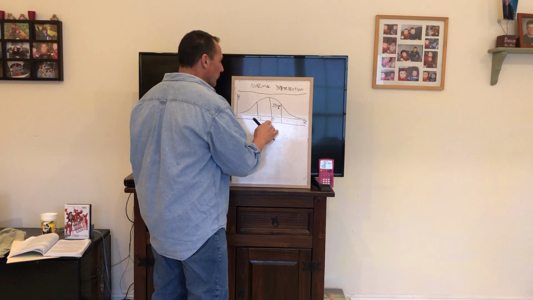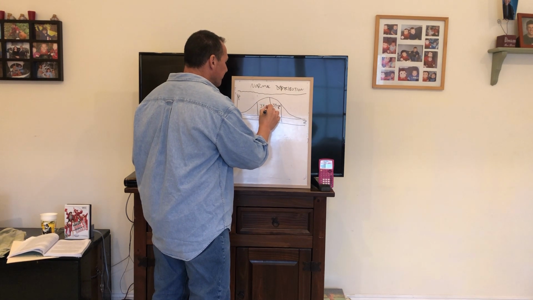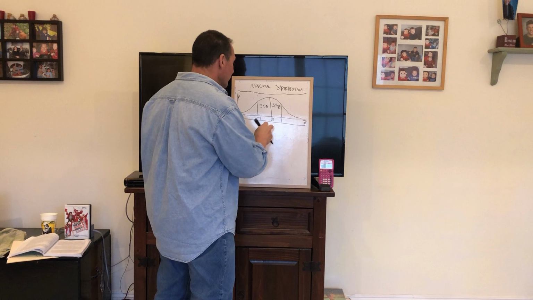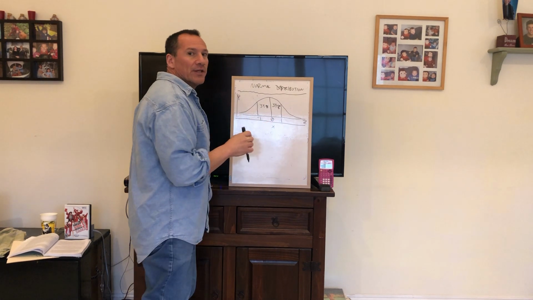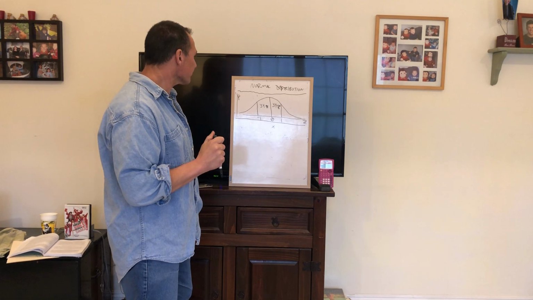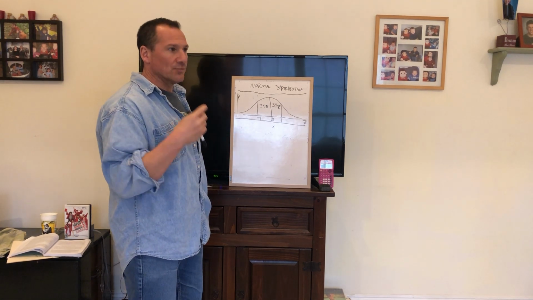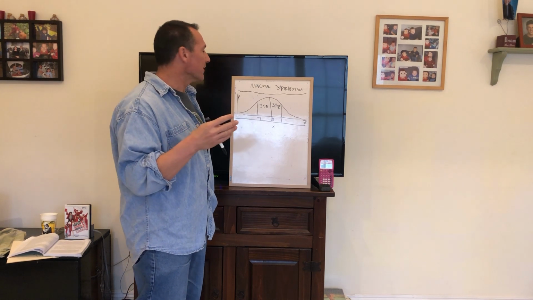And similarly, we know that approximately 34% of a normal distribution is found between the mean of that distribution and one standard deviation below it. And again, probability distributions have known information.